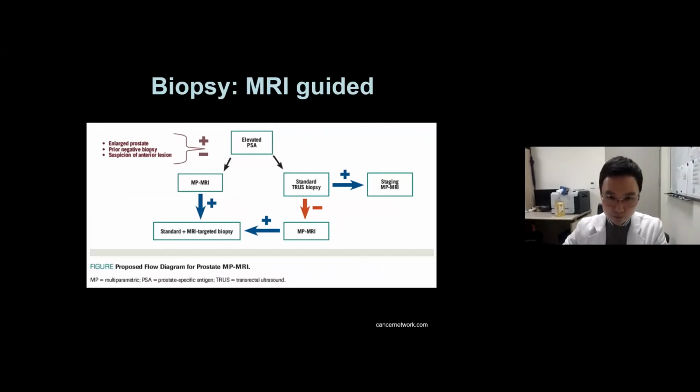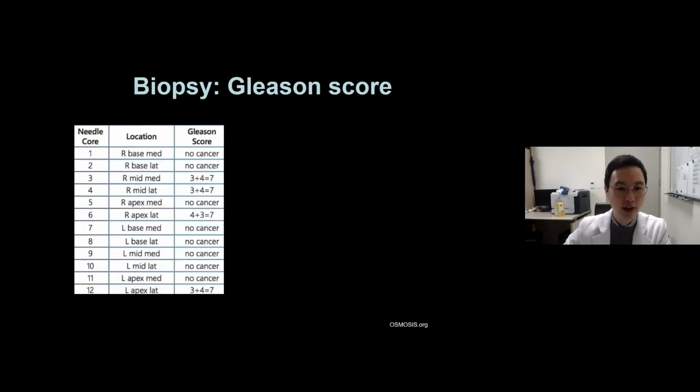Now from the biopsy you have acquired a pathologic report. This is a pathologic report from the conventional standard method of 12 core biopsy, and you may see a Gleason score for each core.